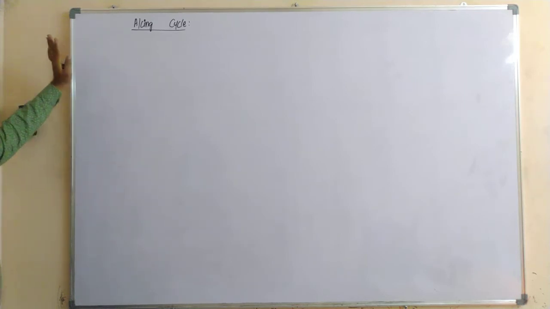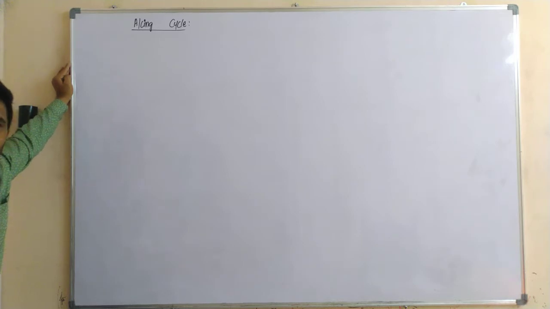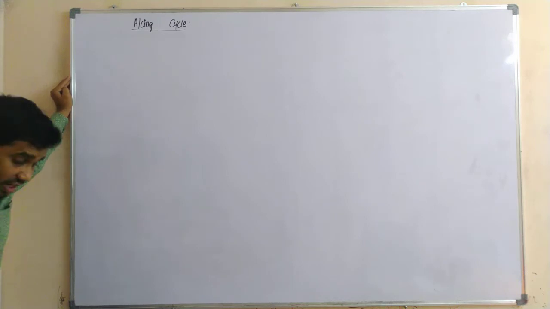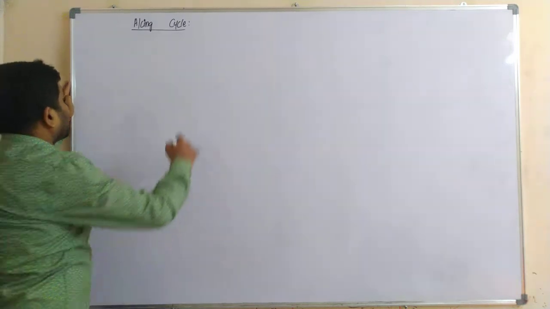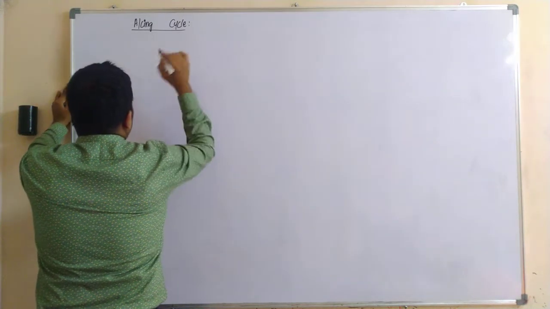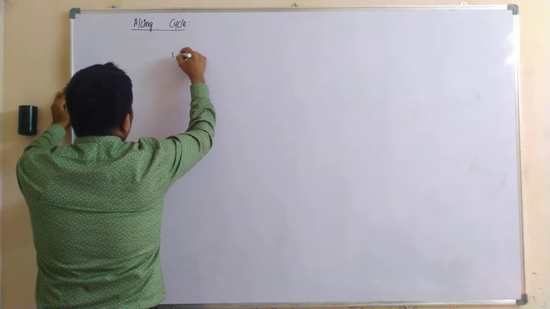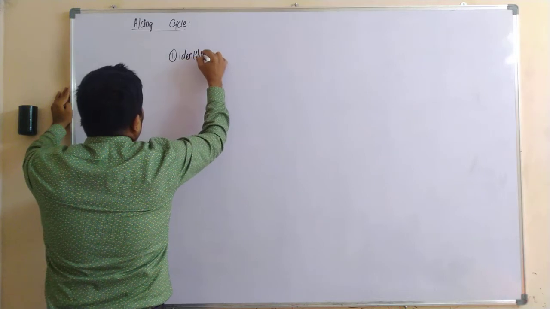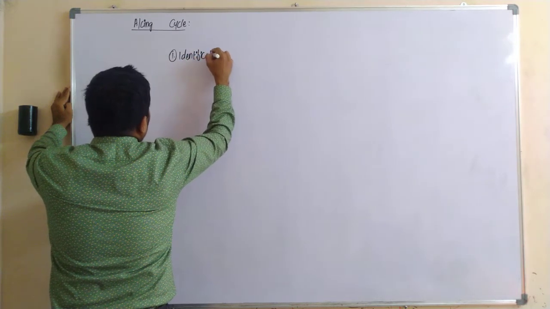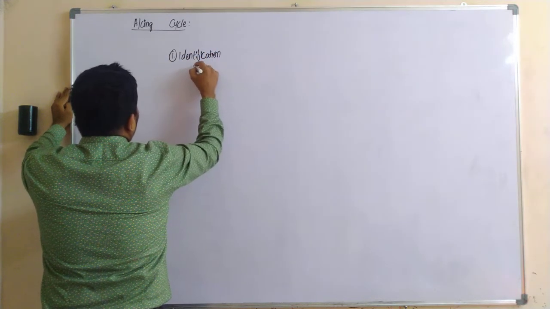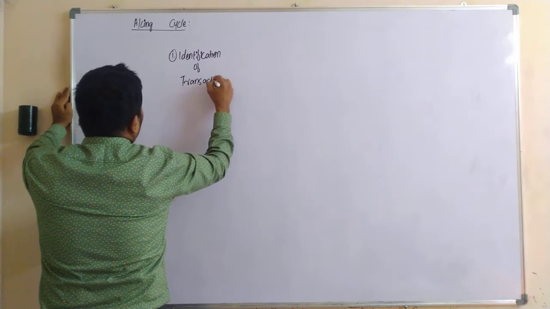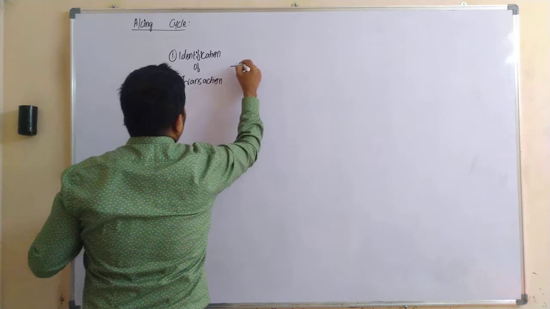Your accounting cycle would be starting from identification of your transaction and ends with the preparation of financial accounts or final accounts. So what is the first step, sir? Your first step would be identification of transaction.